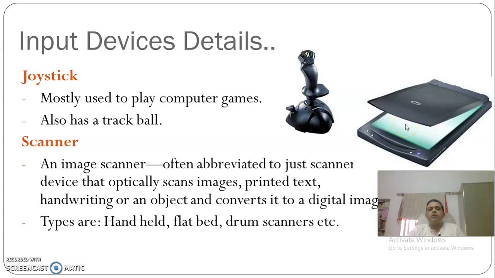So the scanner performs the job for you. You keep that paper here, you run appropriate software for it, and it creates a digital image of that text or picture, whatever you have placed on the scanner. There are a few types of scanners: handheld scanner, flatbed, drum scanners, etc.